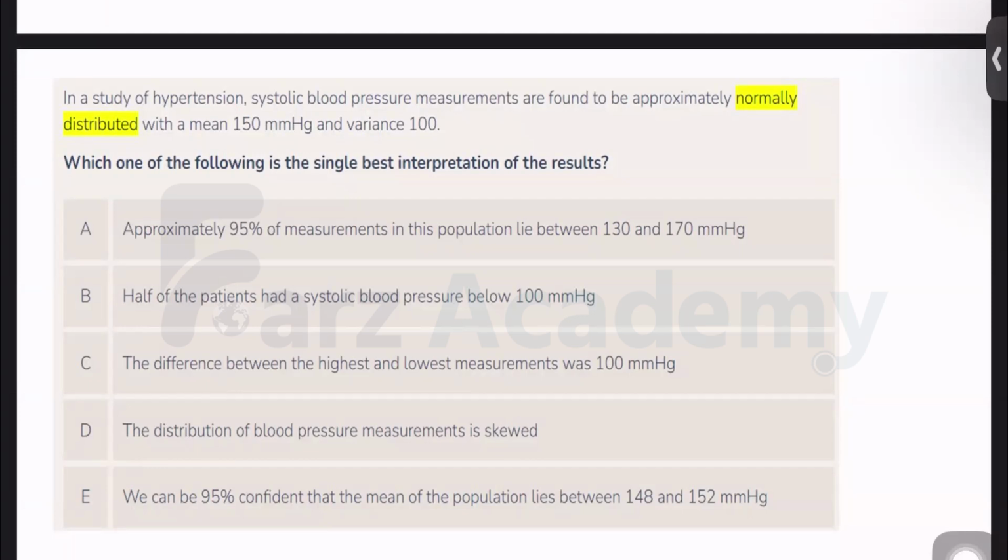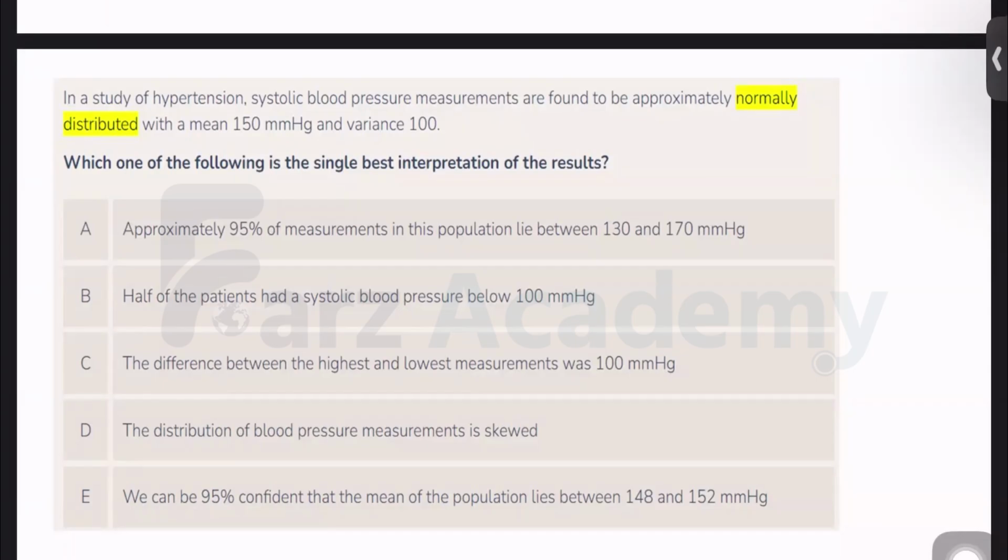Now the difference between the highest and the lowest measurement was 100. That means what? 99 percent becomes between three standard deviations, so it still becomes 120 to 180. Right?